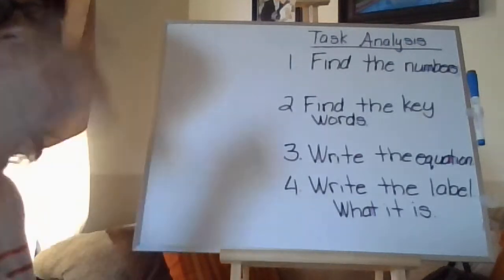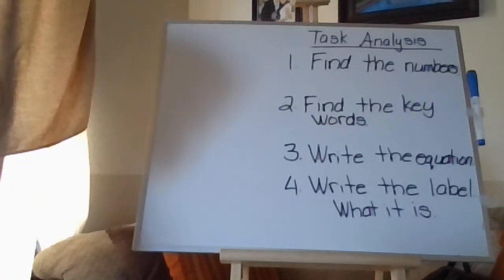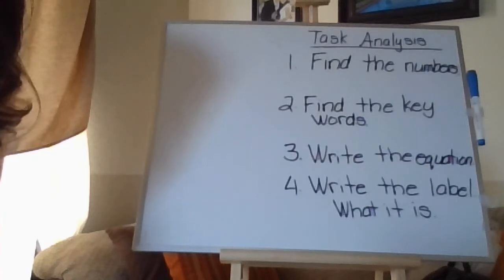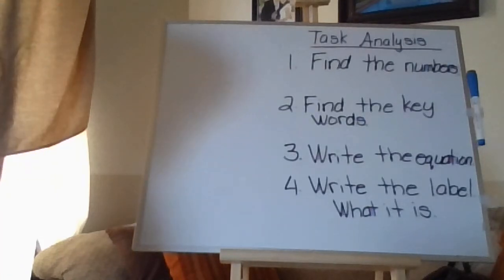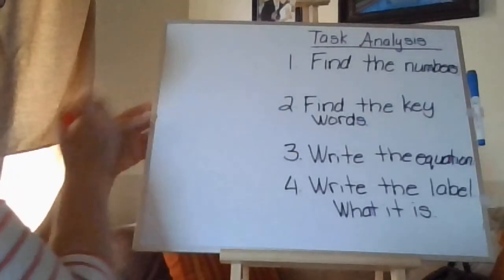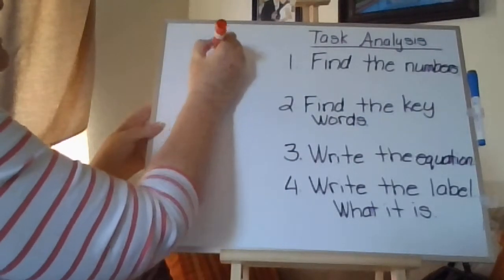Okay, boys and girls? So the first one, Izzy had 25 pieces of candy. Her mom gave her 10 more. How many pieces of candy does Izzy have altogether? Let's think about that. Izzy has 25 pieces of candy. Did you write 25?